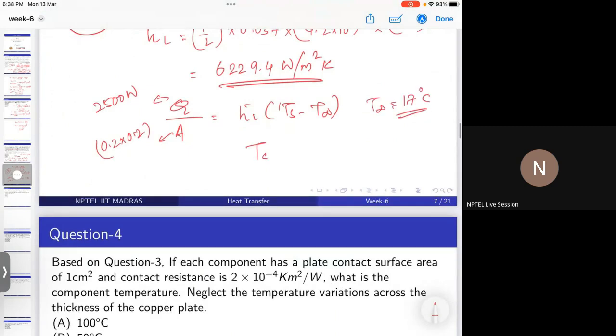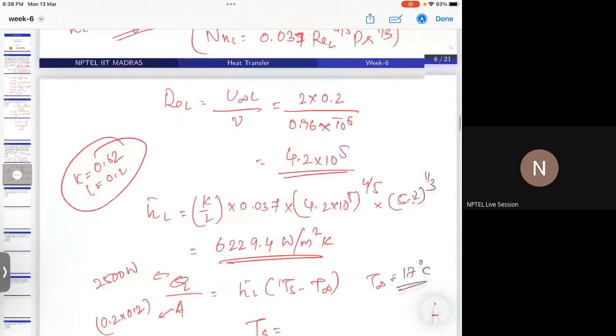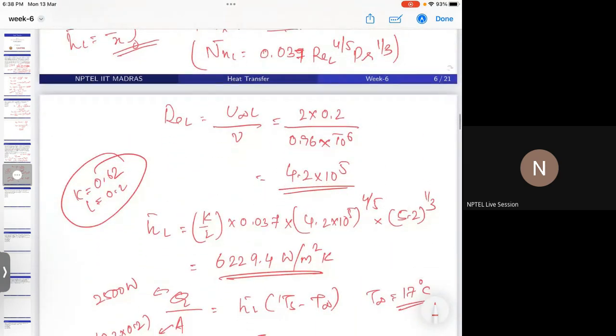What is Ts? So 27 degrees Celsius. Yeah.